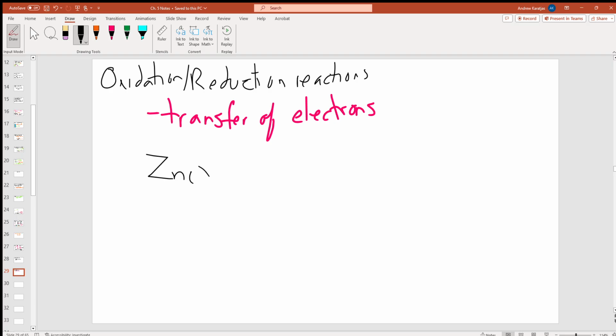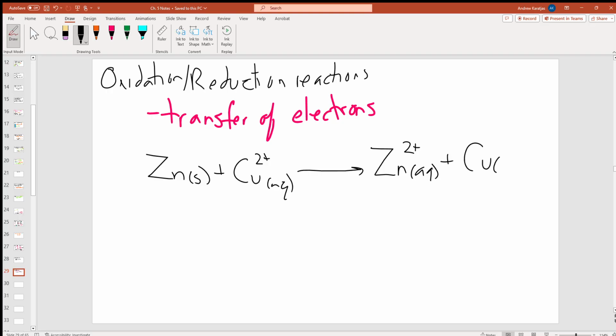So zinc metal plus copper 2 plus reacts to form zinc 2 plus and copper.